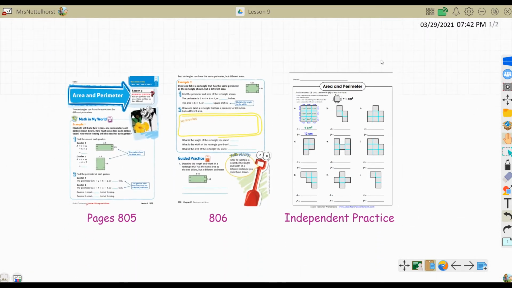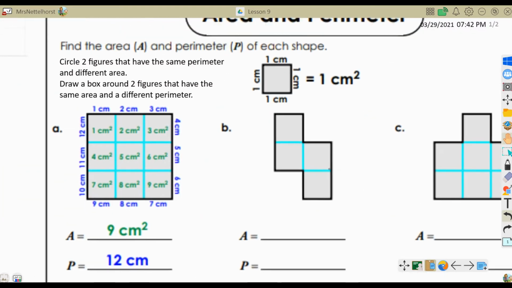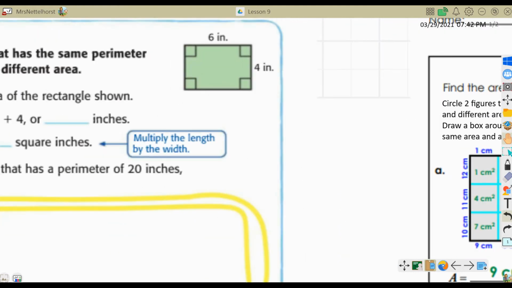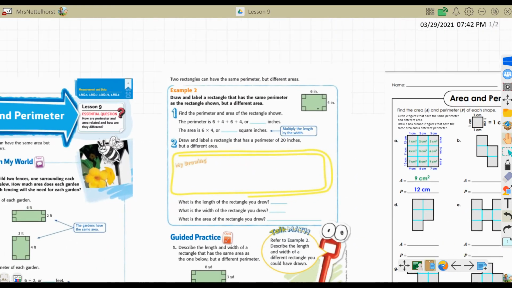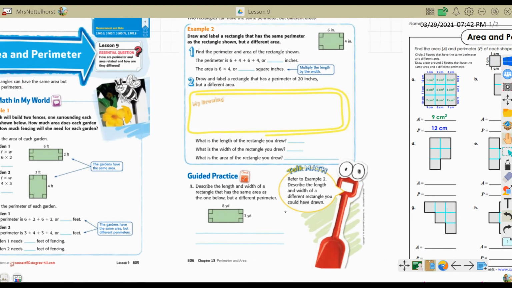Our independent practice is not from the book, so I'll talk about that when I get there. First we're looking at, oops, made it too giant. We'll be doing page 805 in our math books and 806.